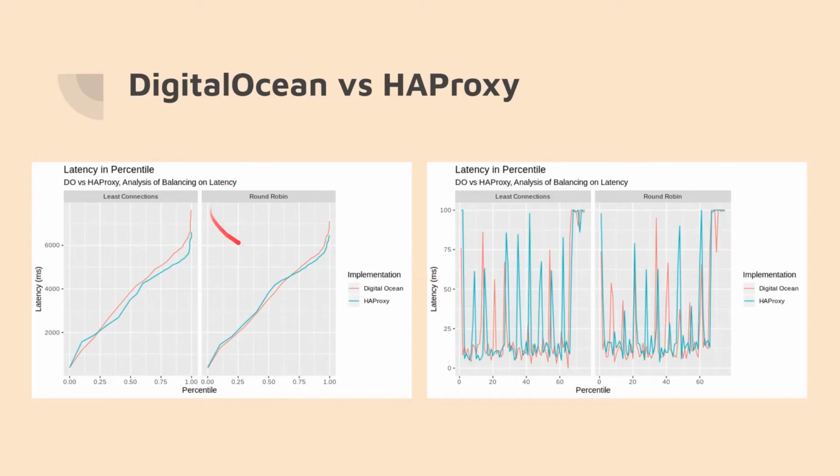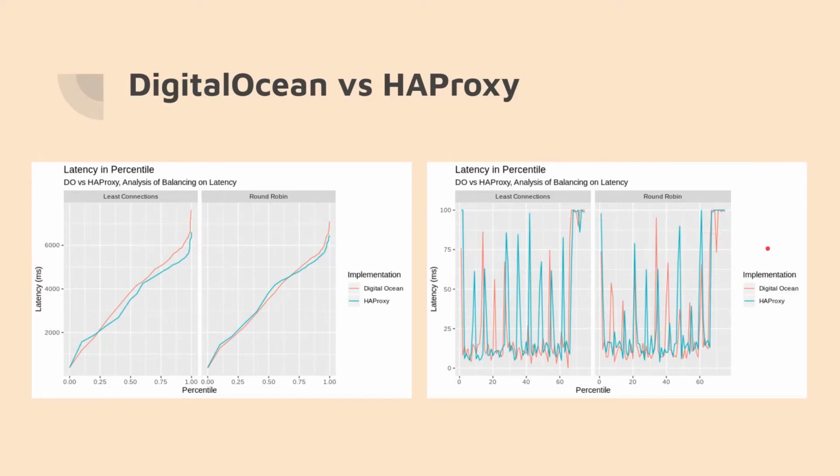But on round robin, DigitalOcean performs better all the way up to the 60th percentile. But after that, from the 60th to the 99th percentile, my HA proxy implementation does better. However, the difference is way minuscule as compared to the least connections.